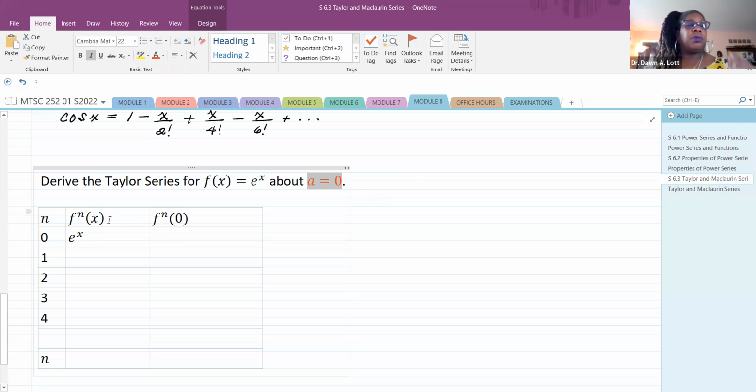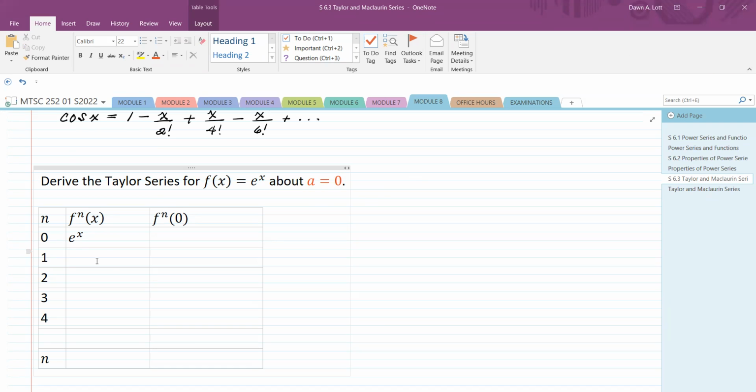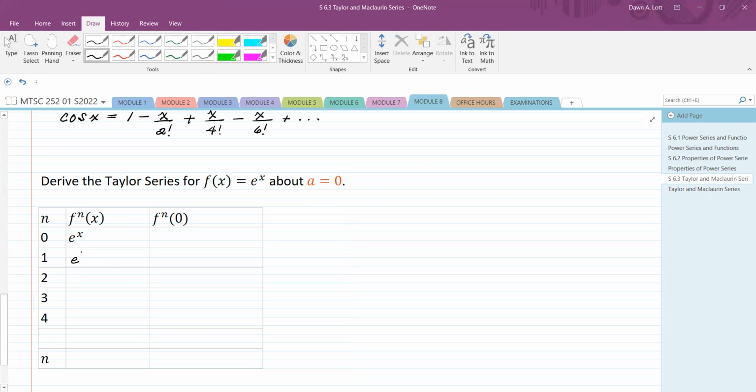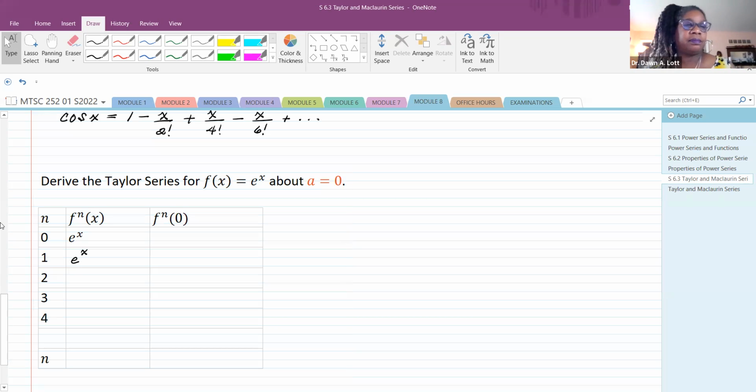Okay, so the 0th derivative means I haven't taken a derivative, so that's just the function. Okay, the first derivative, what is the first derivative of e to the x? Isn't it e to the x? What's the second derivative of e to the x?